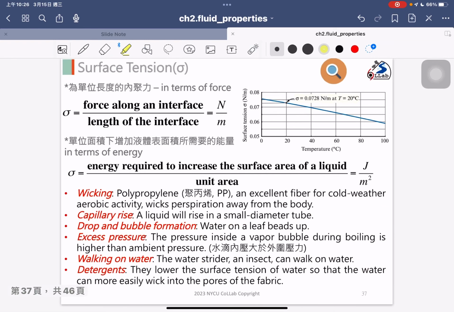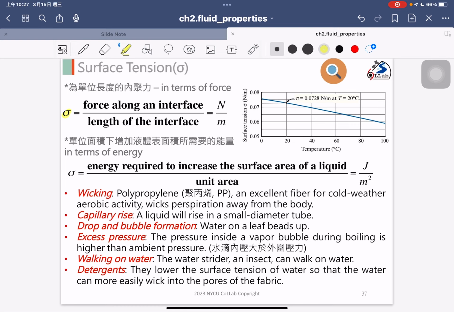So I mostly wrote down some certain definitions of the surface tension. As you can see in our textbook, for the surface tension, we will use the sigma. So in difference compared to other mechanics classes, the sigma in our class usually relates to the surface tension.